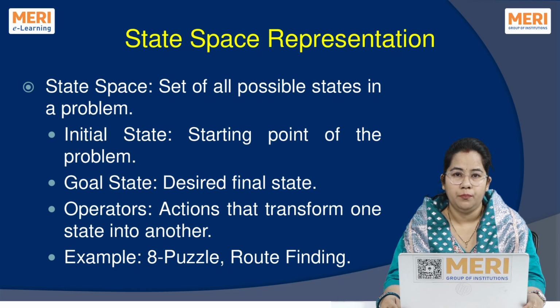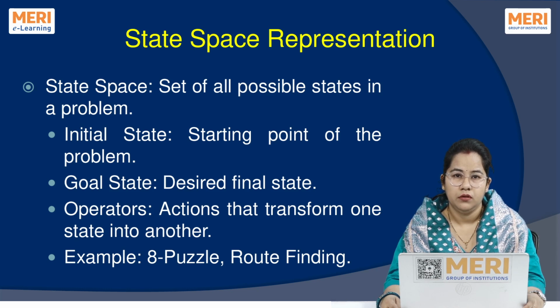Every problem begins with an initial state, which is the starting point, and aims to reach a goal, which represents the solution. The transitions between states are performed using operators or actions.